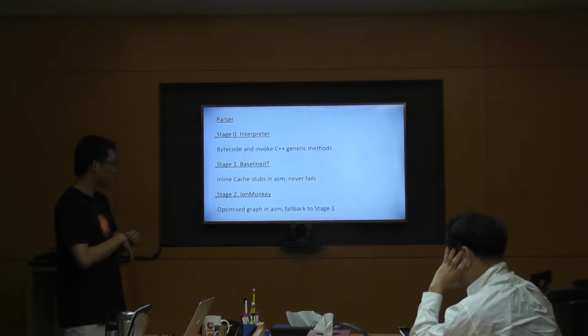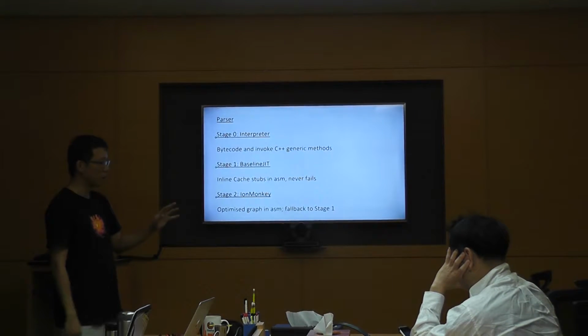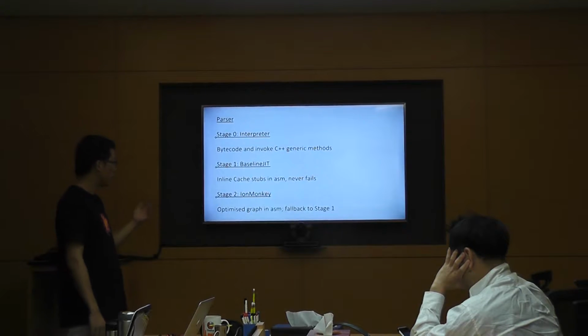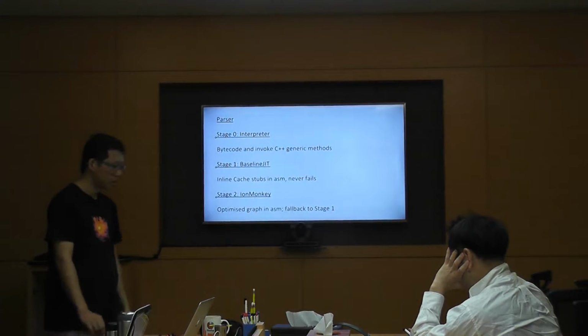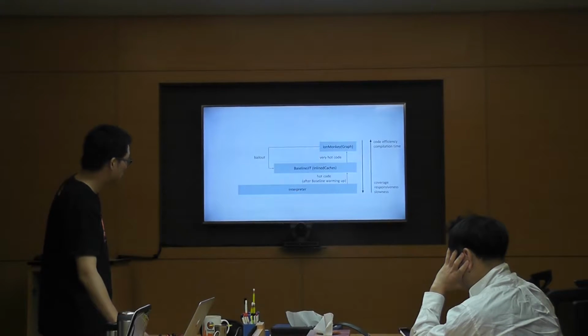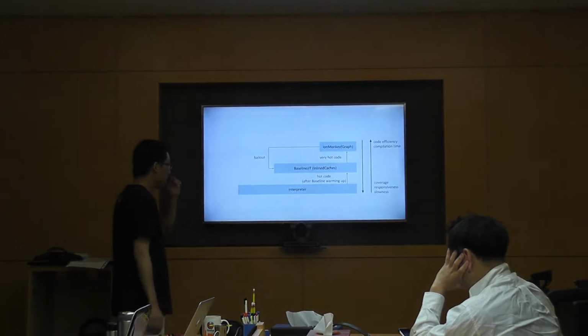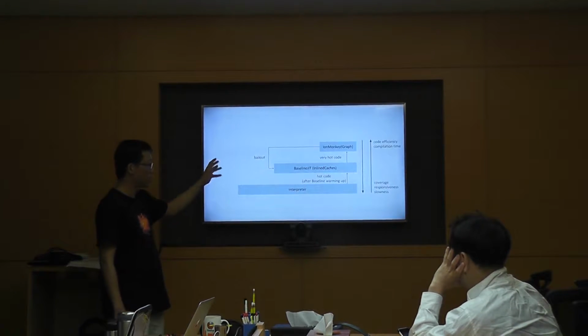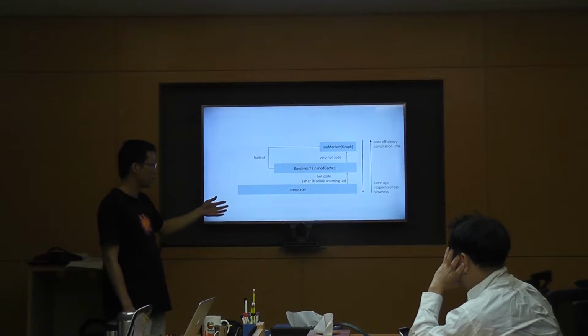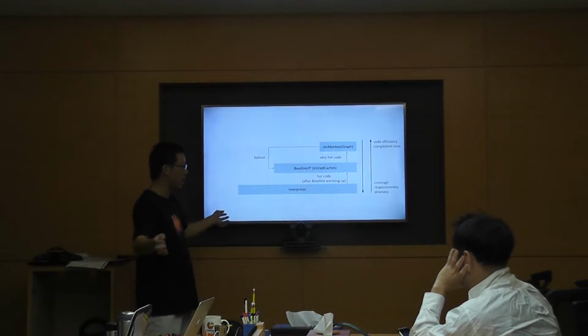The feature here is that the baseline will never fail, while IonMonkey does very heavyweight optimization and may fail sometimes. Although the interpreter is slower than the JIT engine, it is still the first gate that the script passes through, because it covers all the cases.